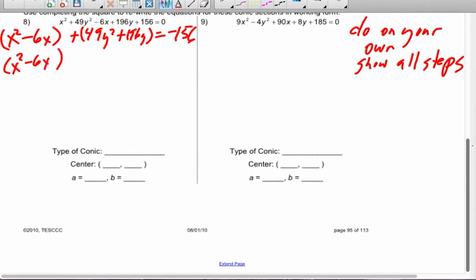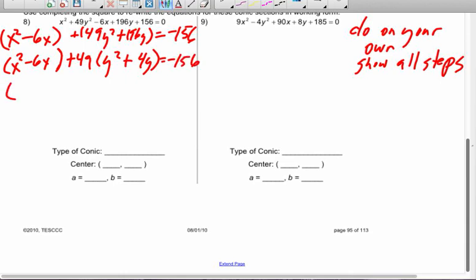This one I'm going to have to factor my 49 out. So that's going to leave me with y squared plus 196 divided by that is 4y. Negative 156. So now we're ready to complete our square.